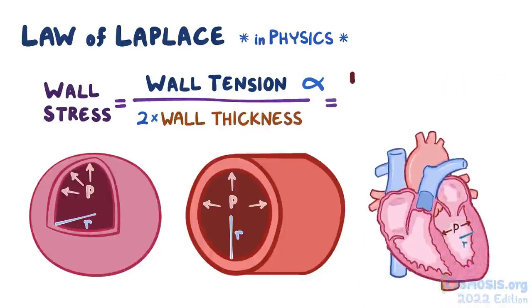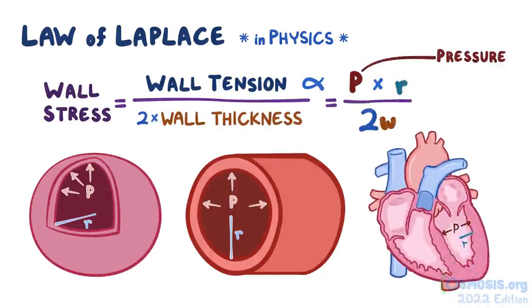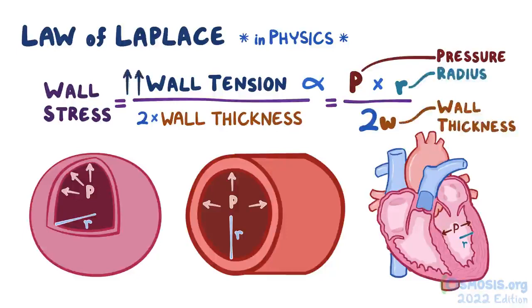Wall stress equals P times R over 2W, where P is pressure, R is total radius, and W is wall thickness. In short, the law of Laplace states that wall tension is directly proportional to pressure and radius, and wall stress is proportional to the wall tension but inversely proportional to 2 times the wall thickness.